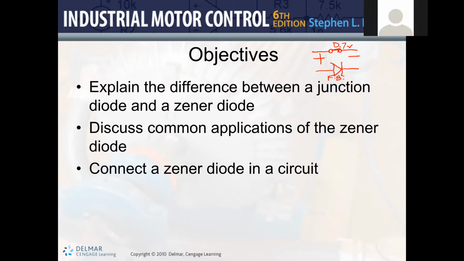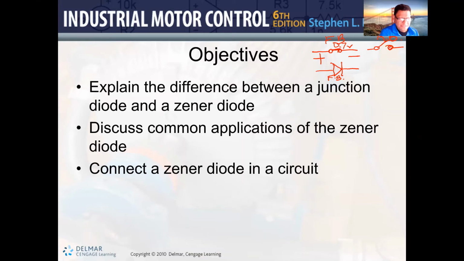Okay? And if you connect the junction diode reverse biased, then the diode is going to behave as an open switch. So this is forward biased, and it's going to behave as an open switch when it's reverse biased.